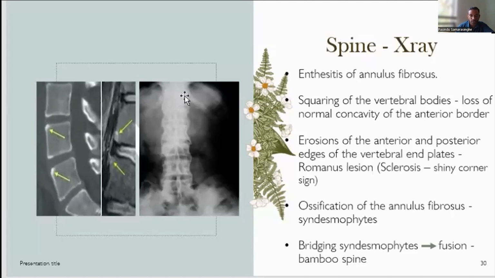And the ossification of the annulus fibrosus leads to the syndesmophytes. So the disc finally gets ossified, and you can see them as osteophytes in the X-ray. So the bridging osteophytes lead to fusion and lead to the bamboo spine, which is classical of spondyloarthritis.